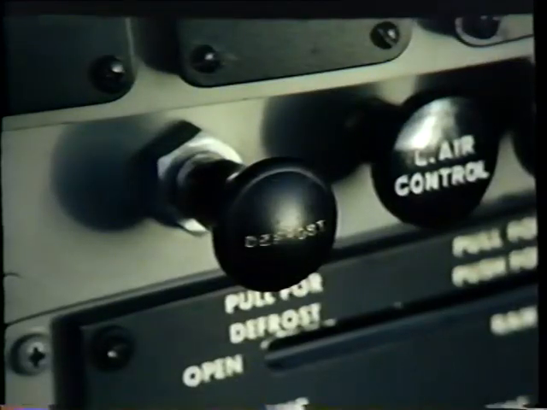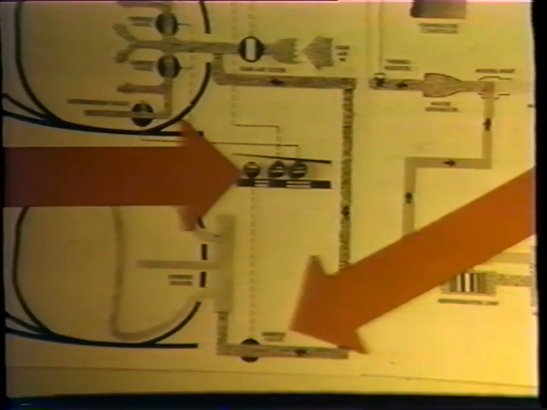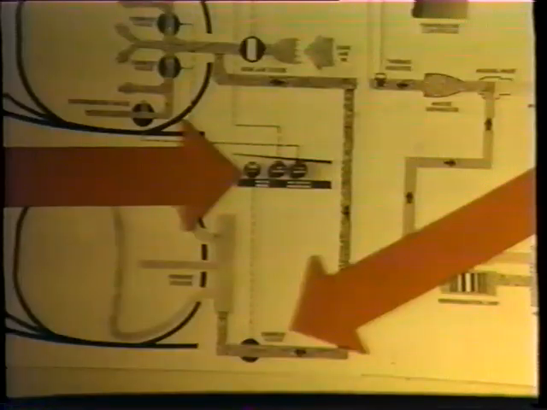The defrost knob, when pulled out, directs air to the piccolo tubes along the windshield and canopy bow. When pulled out, the ventilation outlets forward of the light rheostat switches continue to operate. However, the ventilation outlets at both ends of the glare shield will be turned off.